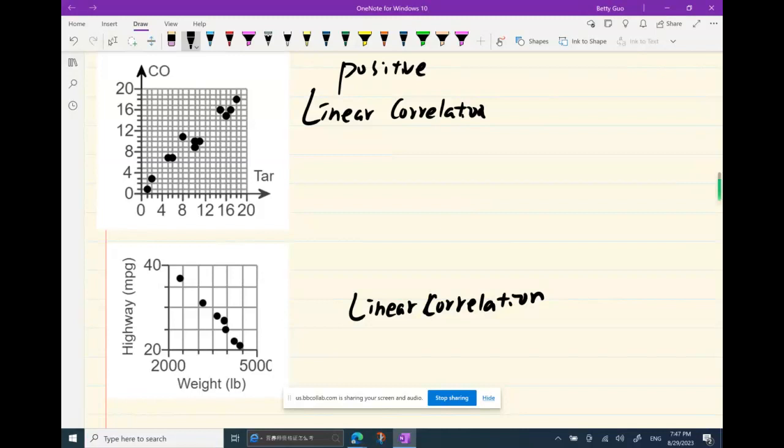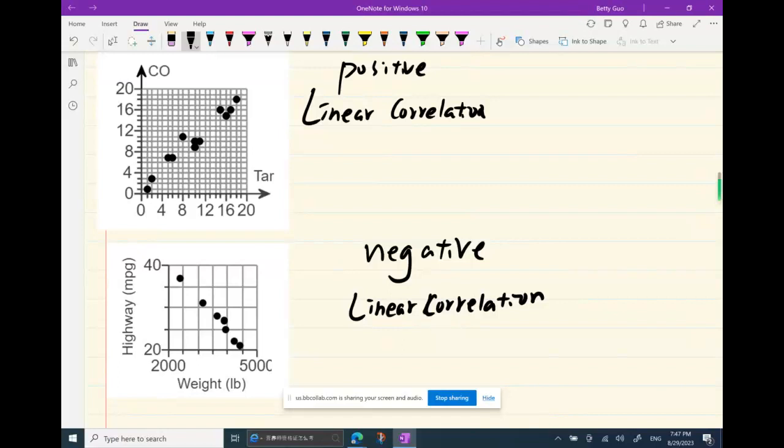Not speed, I'm sorry, it's the mileage per gallon, the fuel efficiency. That makes sense. When a car is very heavy, the same gallon of gas can only drive a shorter distance, right? We also have a linear correlation, but this time the linear trend is going down. So we say that there is a negative linear correlation between the two variables.